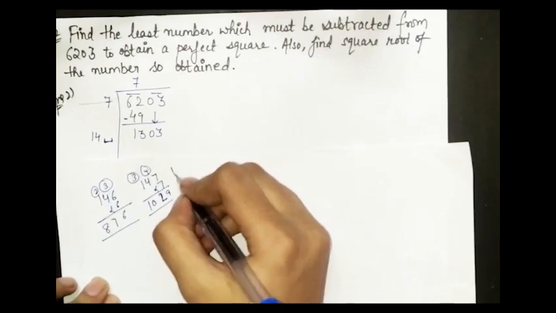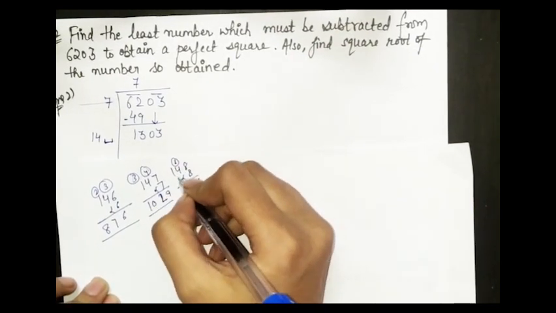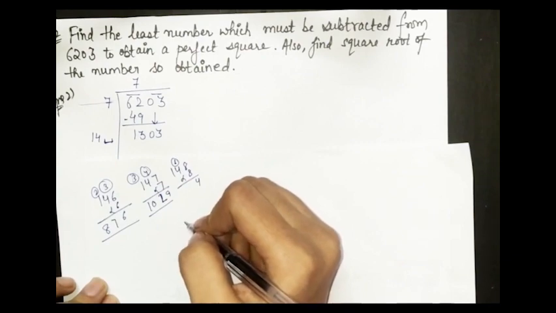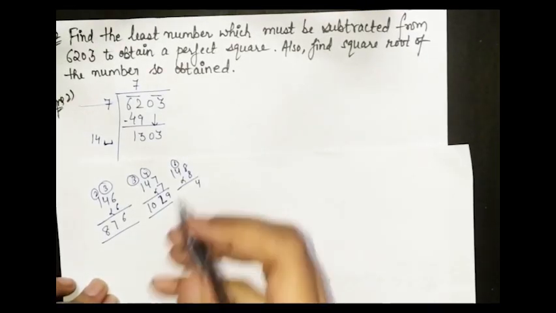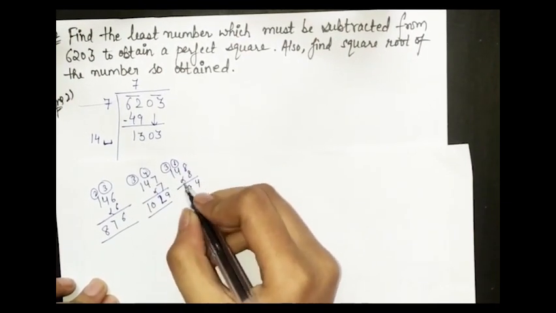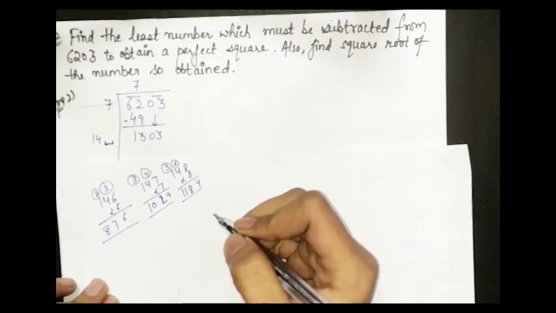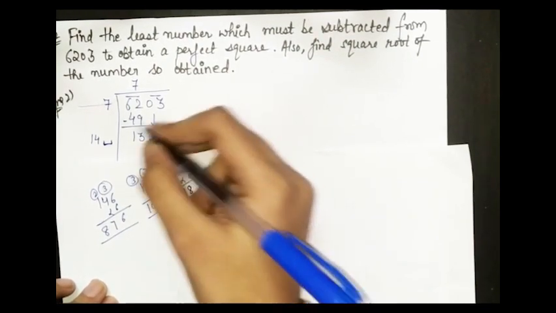So now 148. 8 8s are 64, 4 8s are 32, 4 8s are 32, and then we will add 6, means 38, 3 will be carry, and 8 1s are 8, 9, 10, 11. So 1184. Now we will do it with 149, and this is also smaller than this.